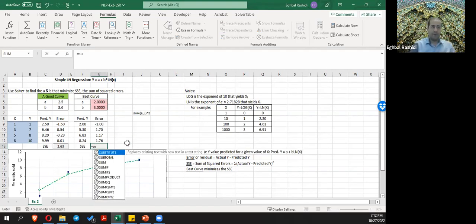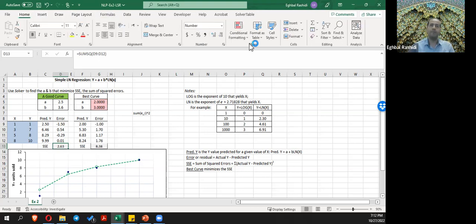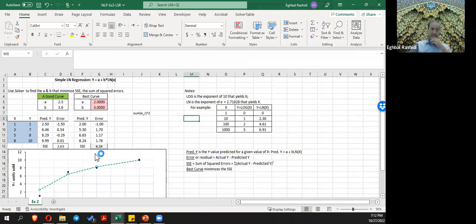And we're going to use the sum squared here to square these values and then sum them up. So this is going to be our objective function. Let me use the calculation style for this, because this is going to be our objective function. Sum squared. I'm going to name this one also.